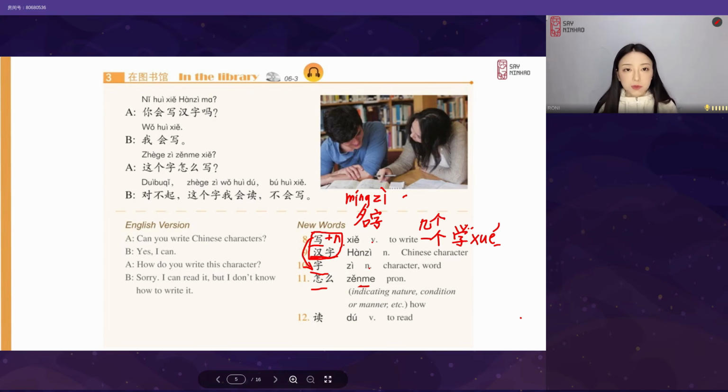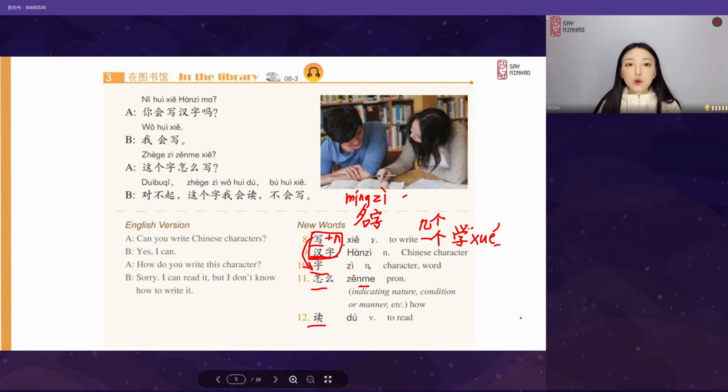Read after me please: 怎么, 怎么. For example, how to write is 怎么写, and how to eat is 怎么吃.